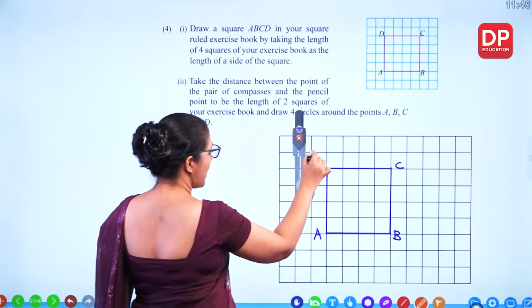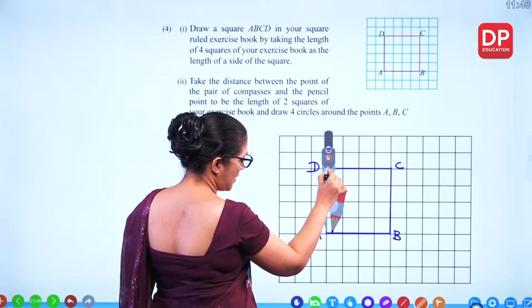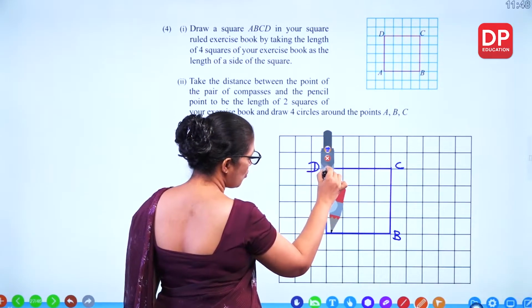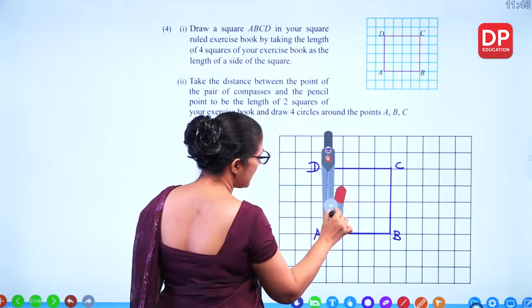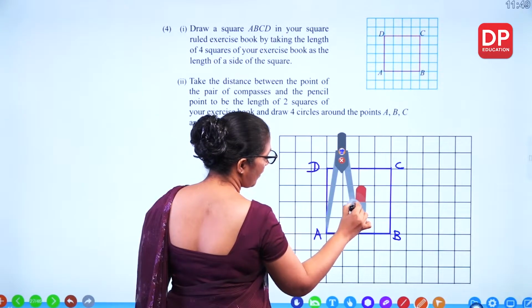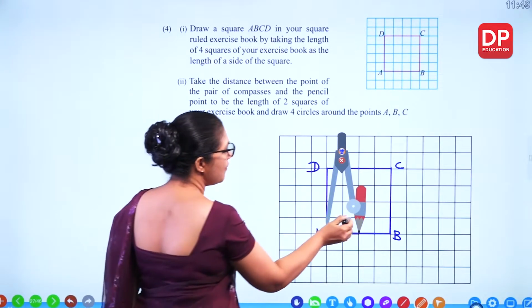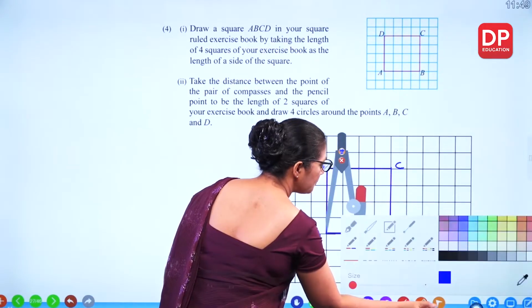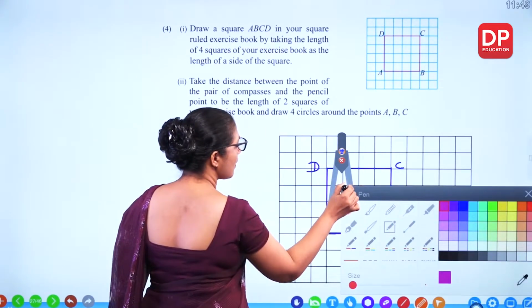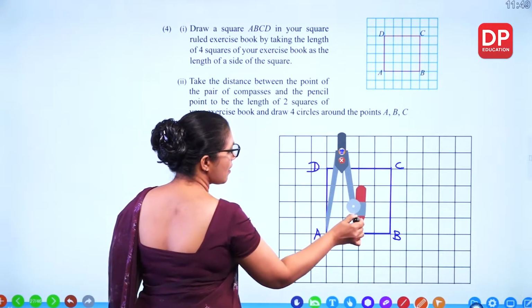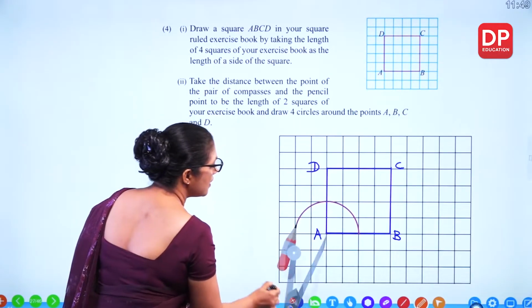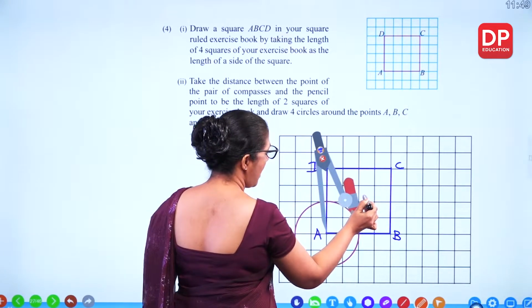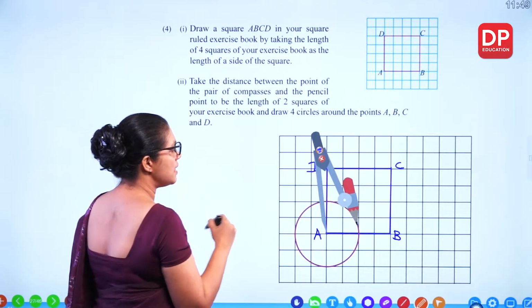You have to take A as the center and 2 squares, meaning 2 centimeter length. Here. And we can draw the first circle. Center A and the radius is 2 centimeter.